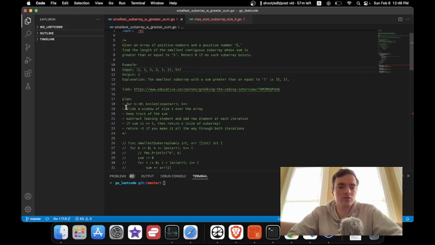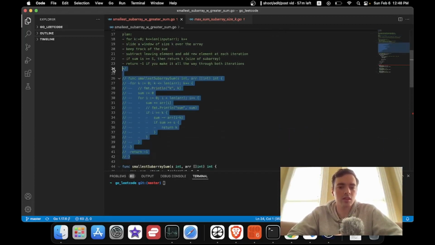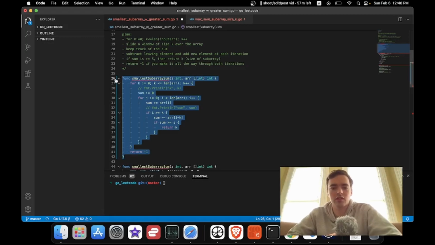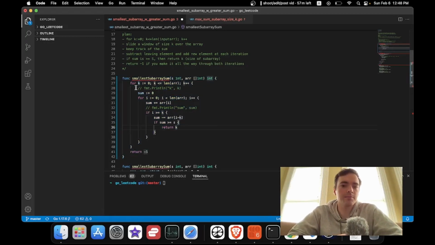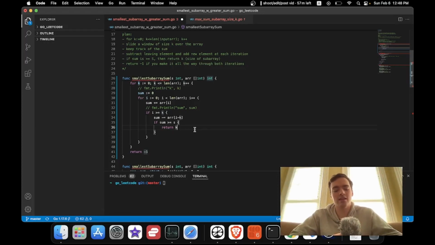So I first did a brute force solution, where I'll uncomment it so it's more legible. I'm iterating through the array, and at each index that I'm at, creating a subarray from that index onwards and slowly increasing it until I find one of those subarrays that has a sum greater than or equal to the target.